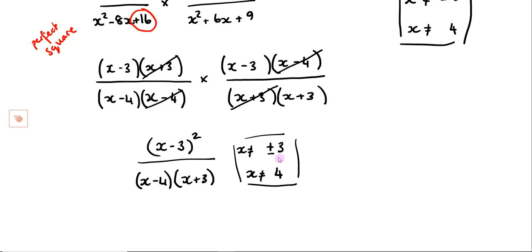So look, I miss out on the positive 3 if I wait until this point. Because don't forget, a 0 numerator is perfectly okay, but a 0 denominator is not allowed. That's the problem. A 0 numerator is fine. You get the answer of 0.